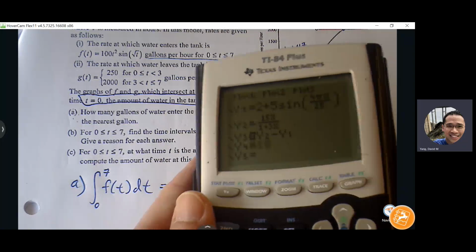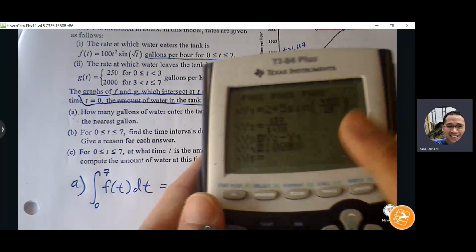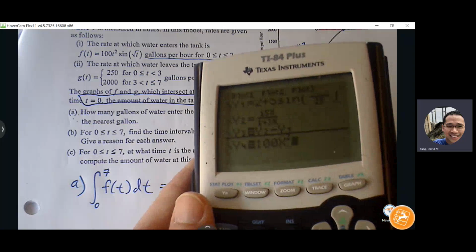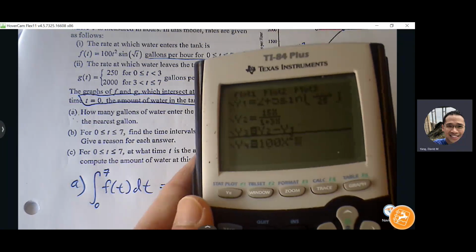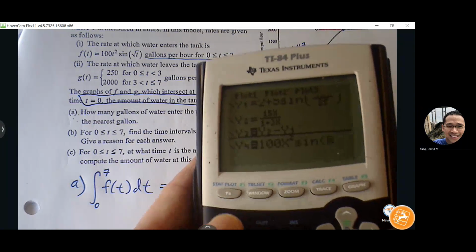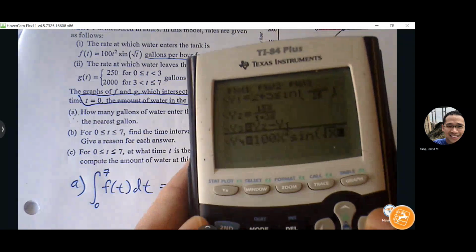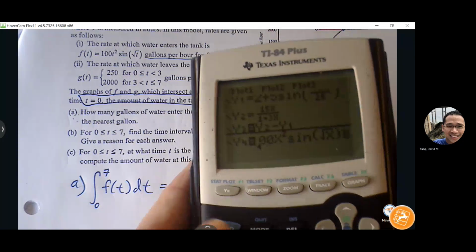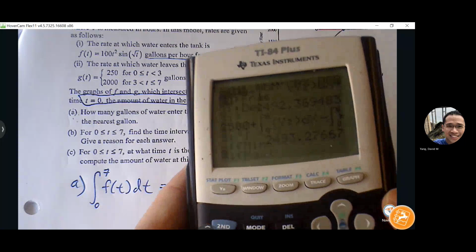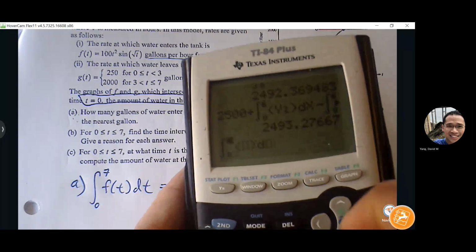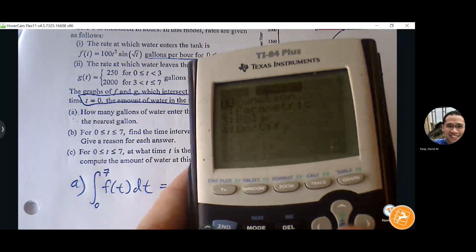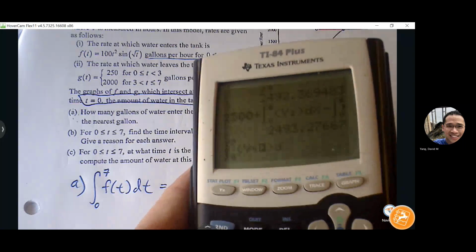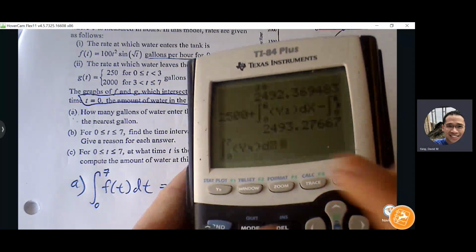Make sure you're always using variable x: 100x squared, sine square root of x, dx.